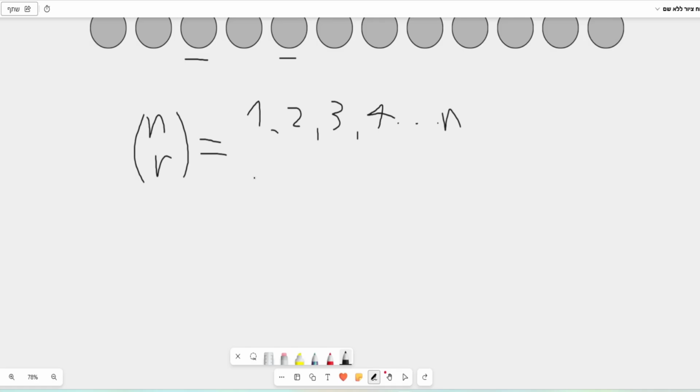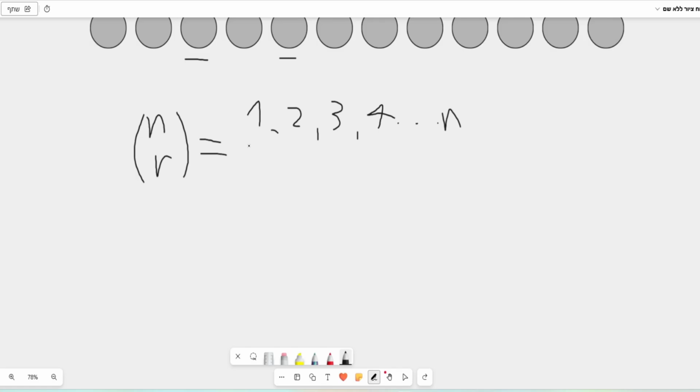The first one is just saying, how many total possibilities do we have? Let's say I'm arranging these n cards, I'm shuffling them, and then I just pick the first r cards from the top, right? This is the same thing, like I've said before.